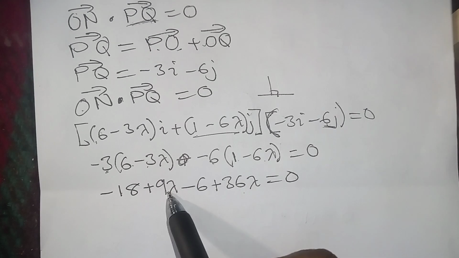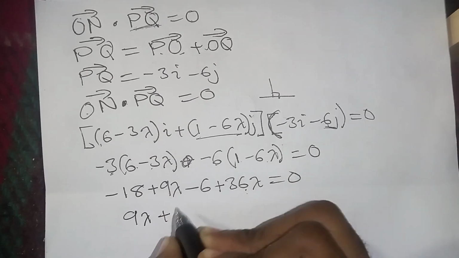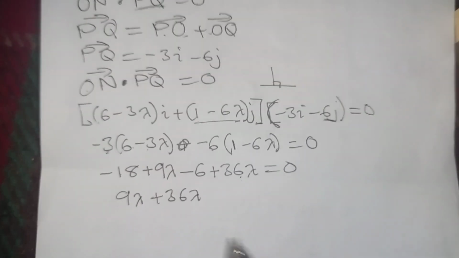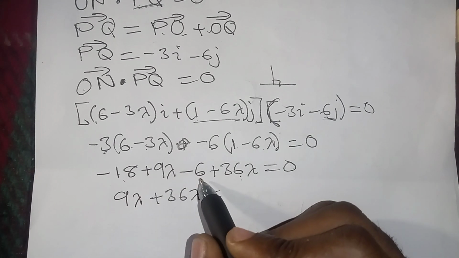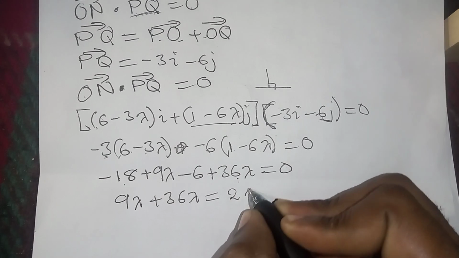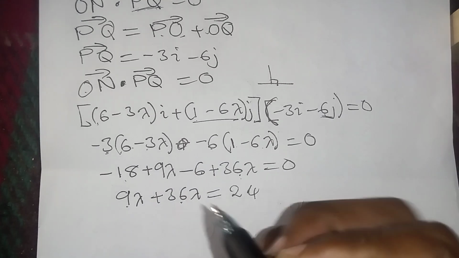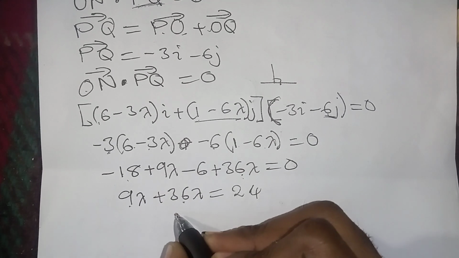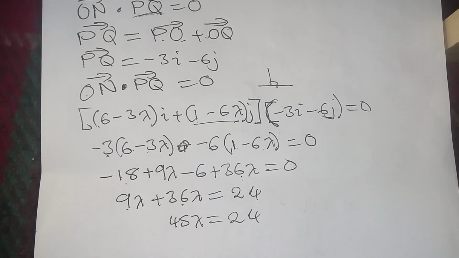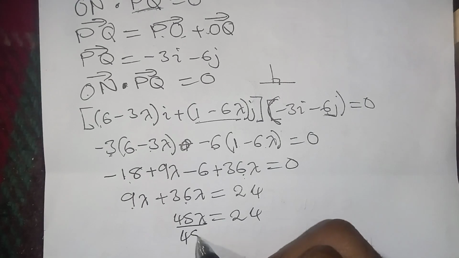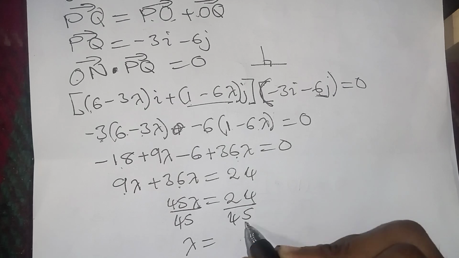Then we can add the like terms. 9 lambda plus 36 lambda is 45 lambda, and minus 18 minus 6 is minus 24. So you can take it to the other side so that it's positive. So 45 lambda is 24. Then divide both sides by 45.